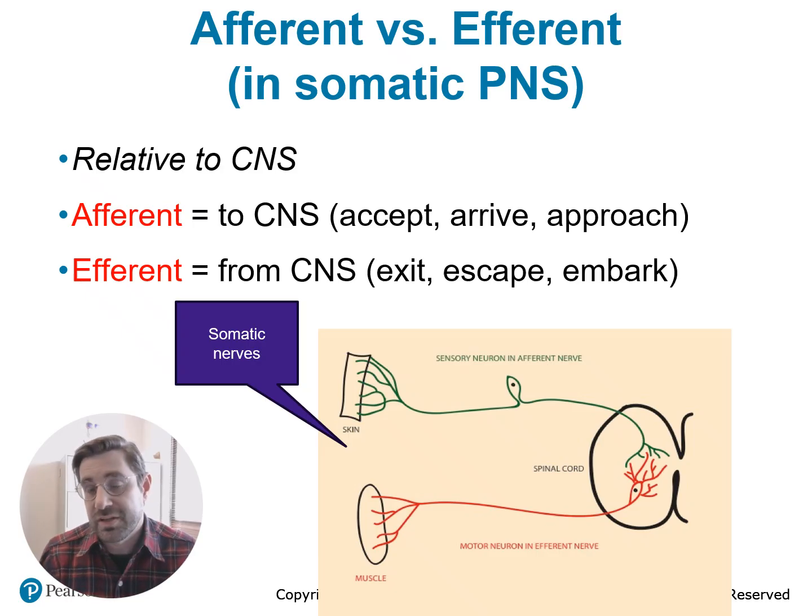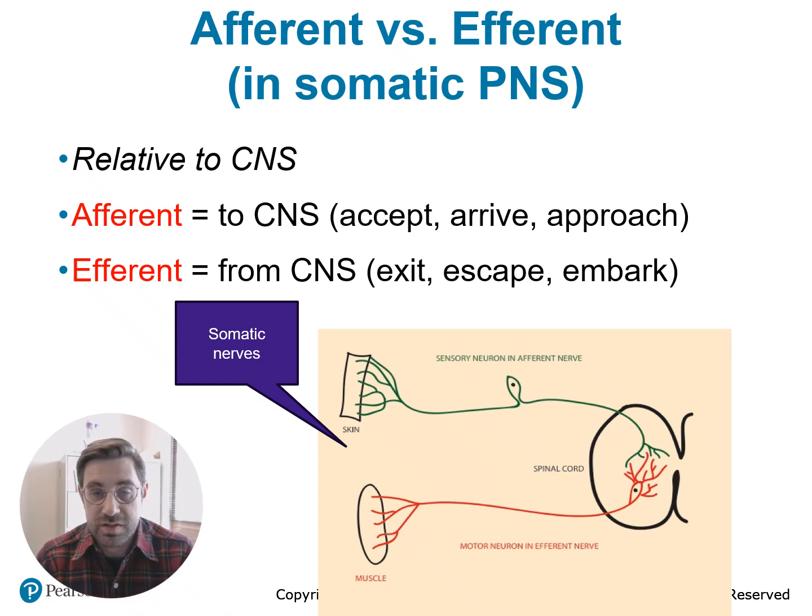And the reference point typically is the central nervous system, though if you had like a robot or something like that, you could have afferent and efferent signals in a robot too. But in the human body, right, we have afferent and efferent nerves in the somatic system and the autonomic system.